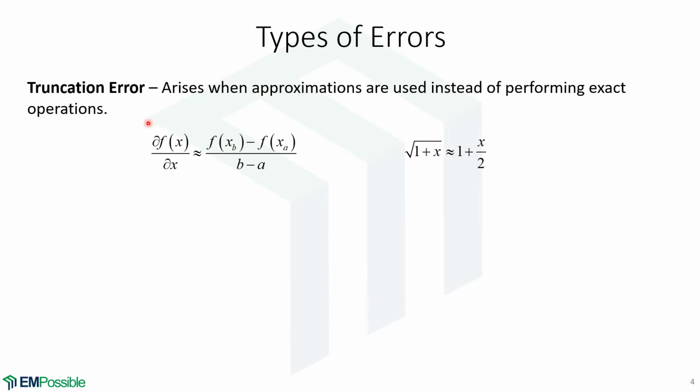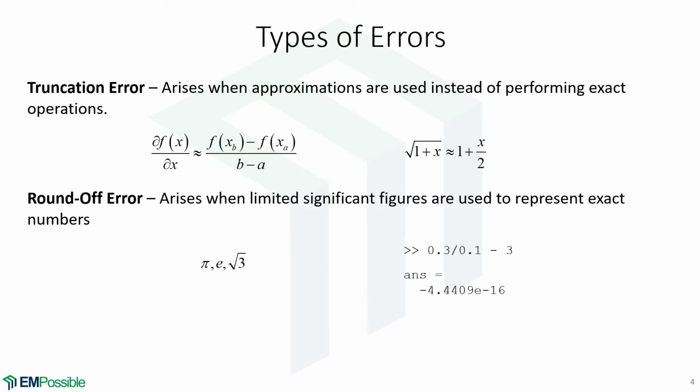Other times we will approximate derivatives using something called finite differences. And this really is just a rise divided by run approximation of slope, which is our derivative. But that obviously is not exact. And so if we build these things into our algorithms, we know we're also introducing error, and that's called a truncation error.